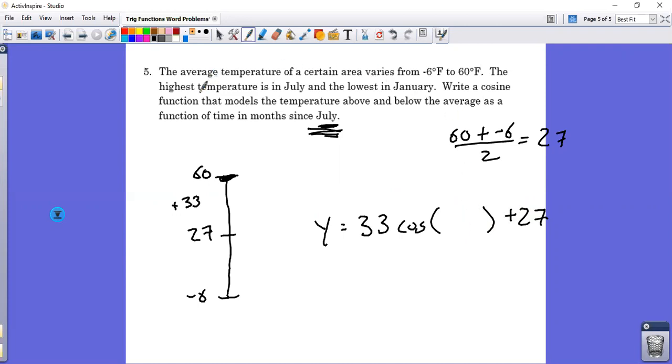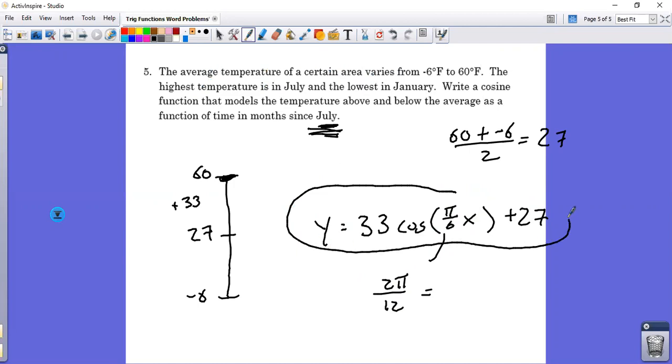And now this is every 12 months again. So remember to get the number that goes in here, it's 2 pi divided by the period. So just be again pi over 6x. And you could do f of x instead of y, whichever one you like. Does not matter.